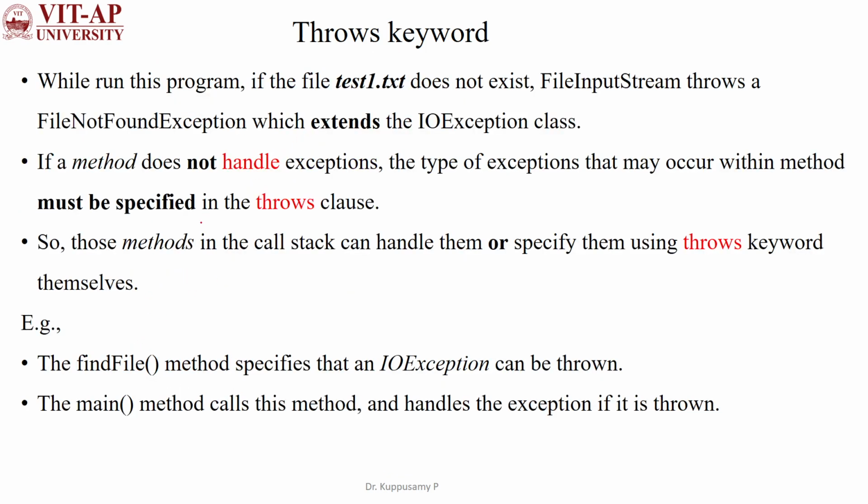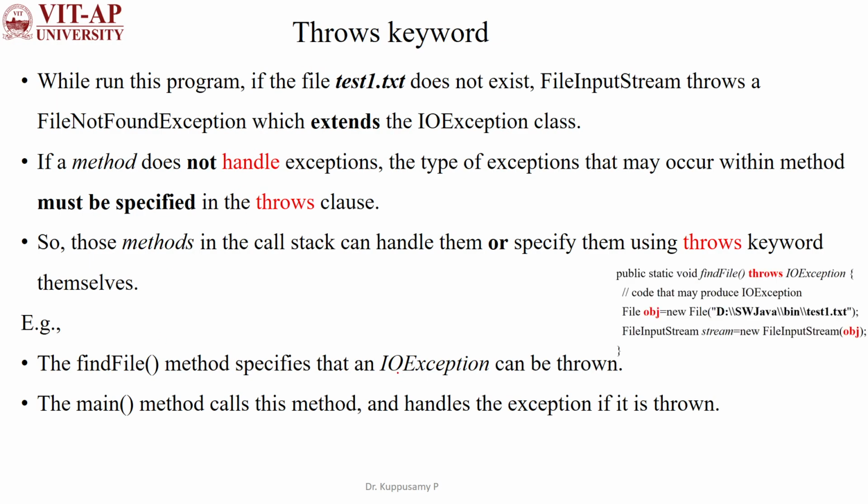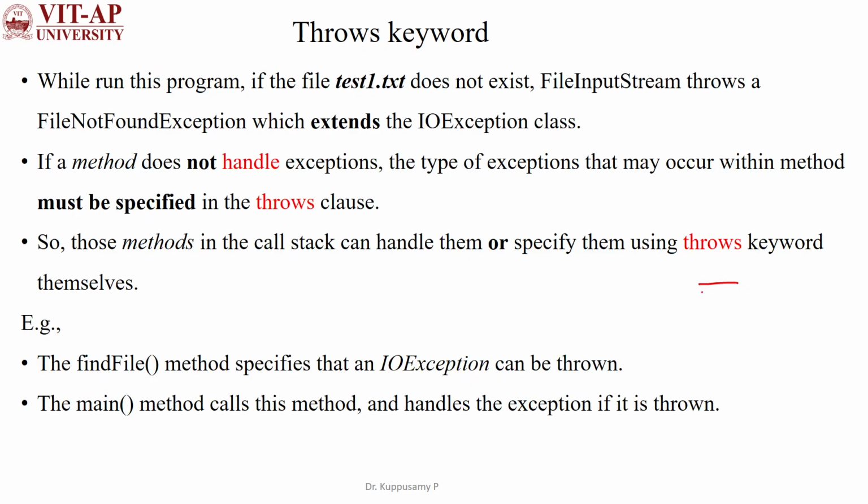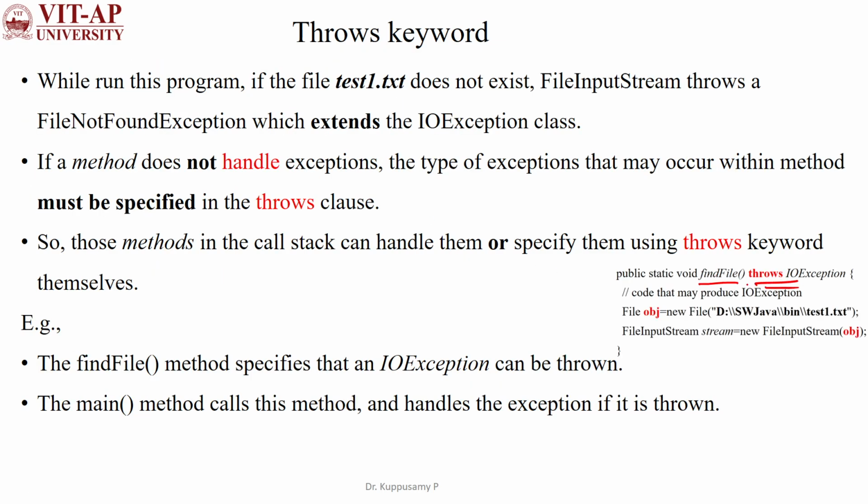And that is explained here by using the example. findFile is the method. How do we overcome this? We can overcome this by using the throws keyword here, introducing the IOException in the method signature itself, and then it will be thrown.